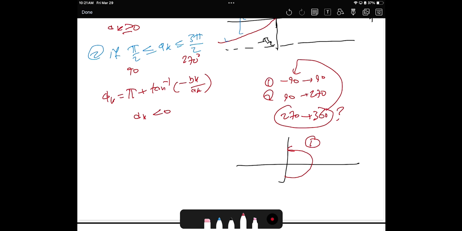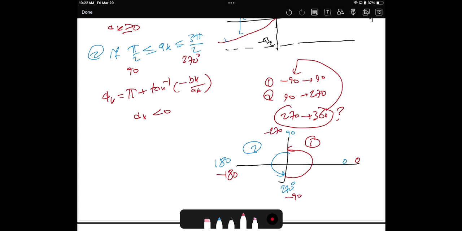Then when we go from 90 to 270, this is region number 2. Because this is 0, 90, 180, 270 degrees. At the same time, if you talk about the negative, this is 0, negative 90, negative 180, negative 270.